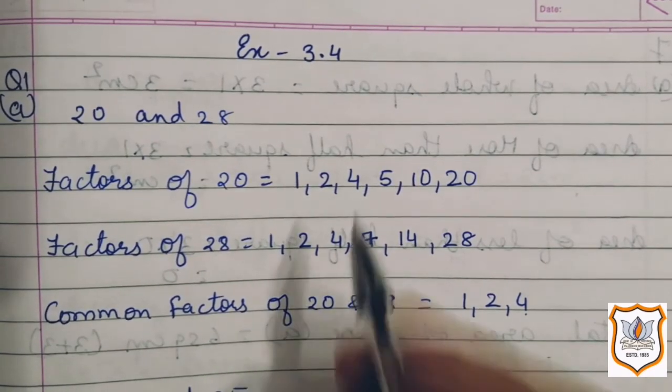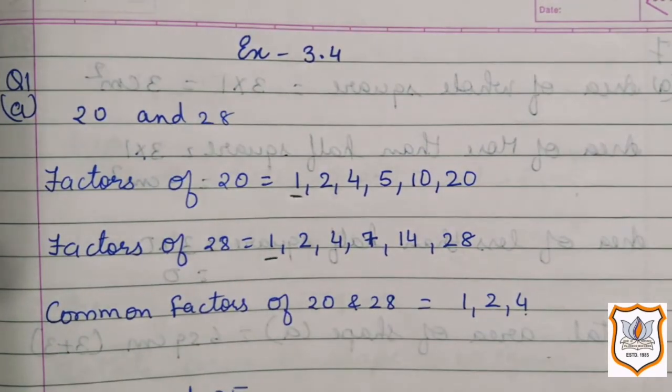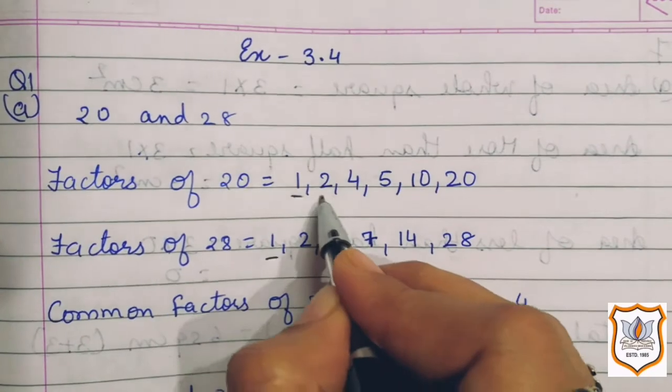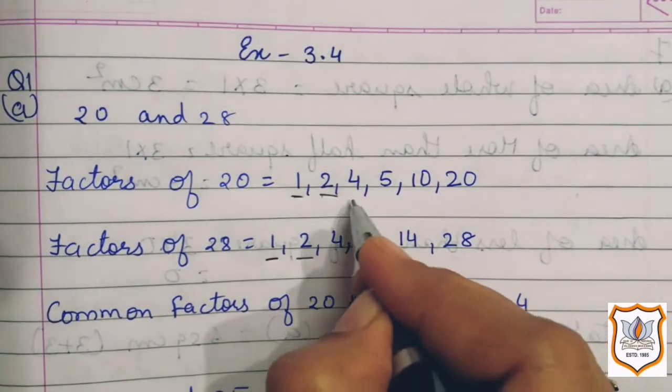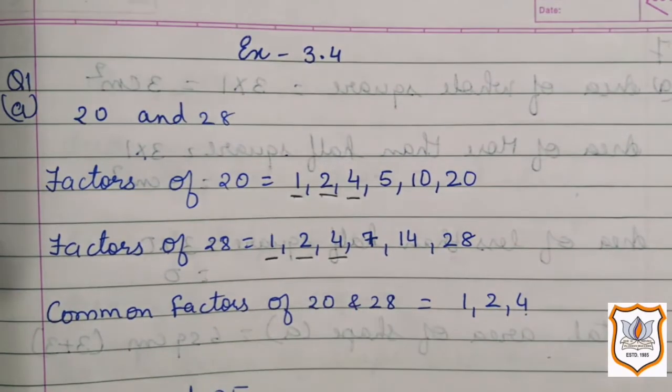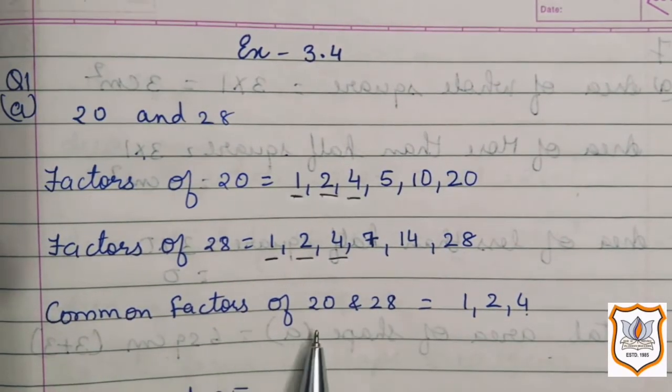You can see that 1 is a common factor in both the numbers. 2 is also a common factor, and 4 is also a common factor. So we can say that common factors of 20 and 28 are 1, 2 and 4.